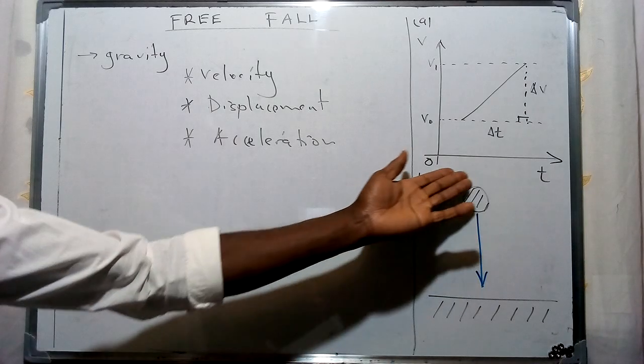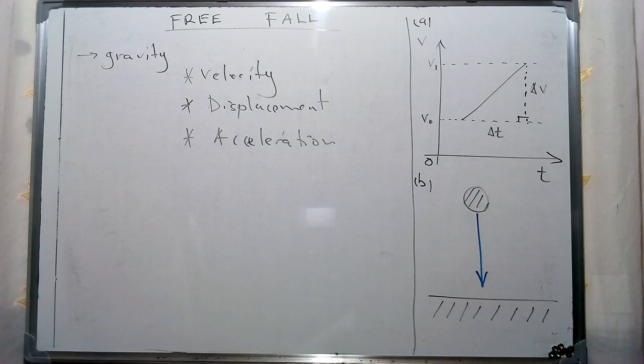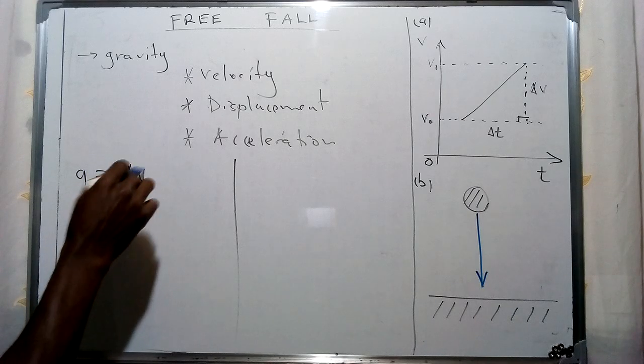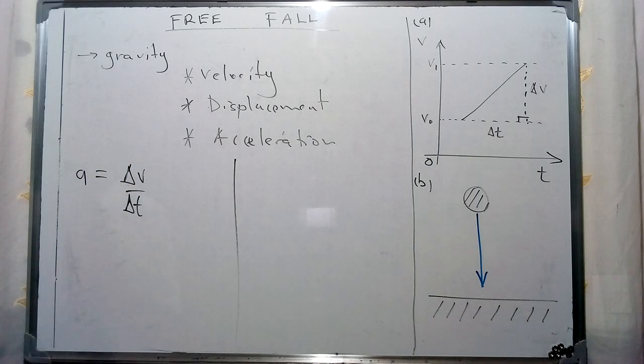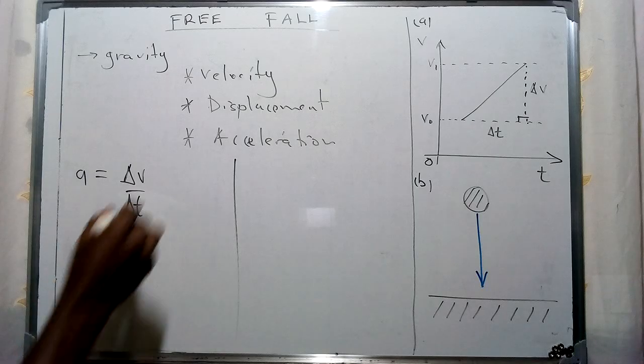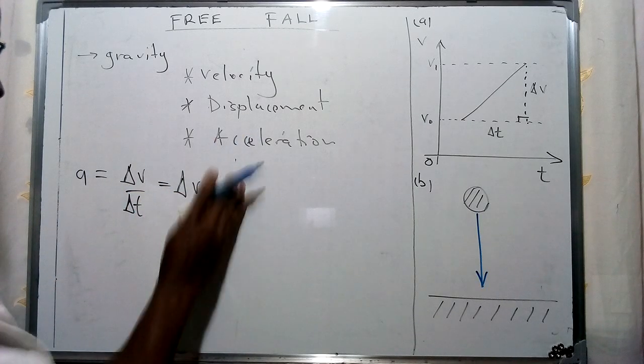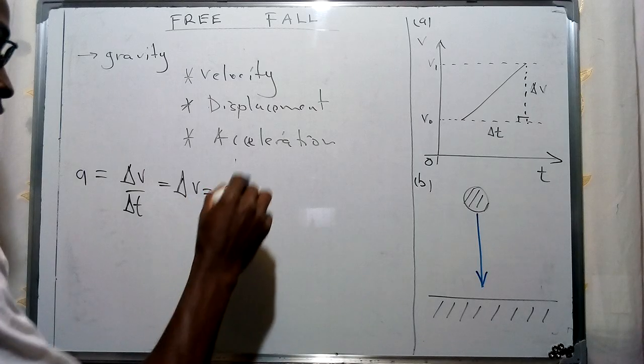Now, from this specific definition of acceleration, we are going to have a representation of acceleration given as change in velocity over change in time. And this, of course, gives us delta v equivalent to the product of acceleration and change in time.